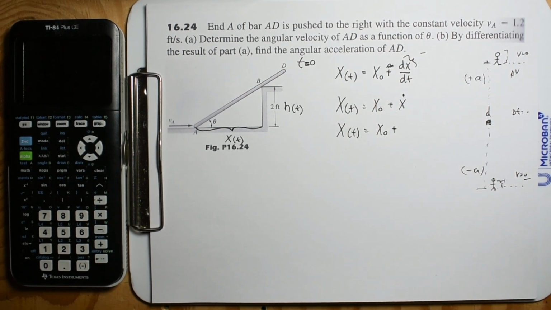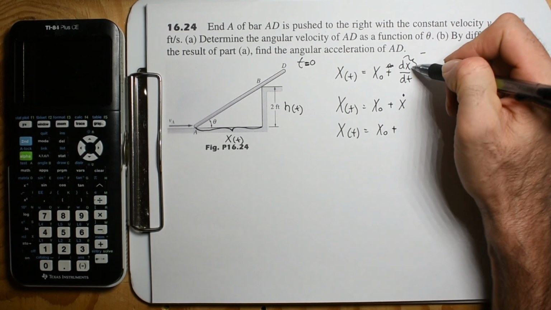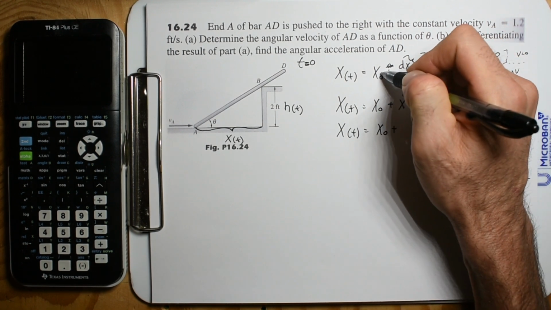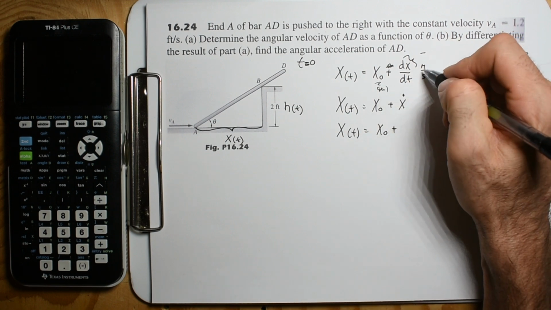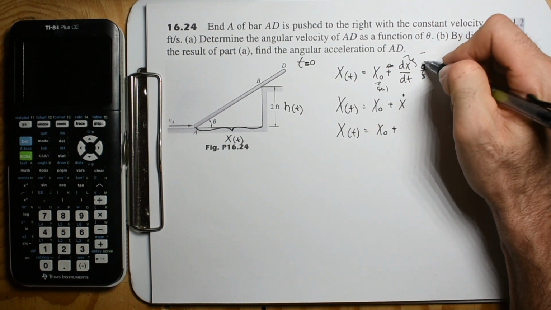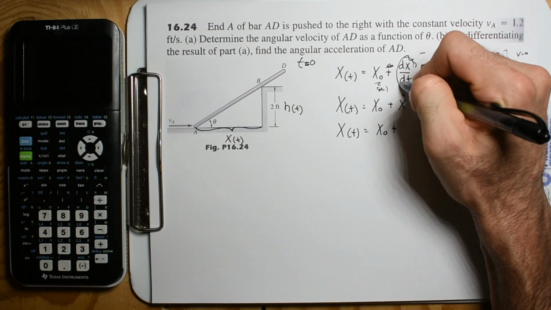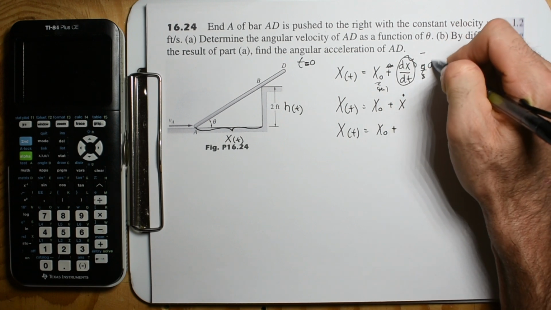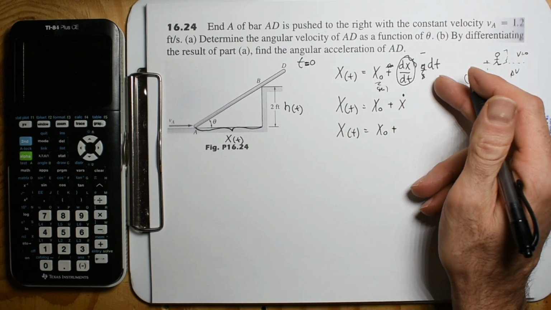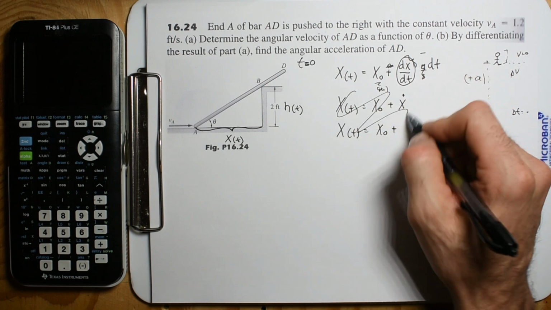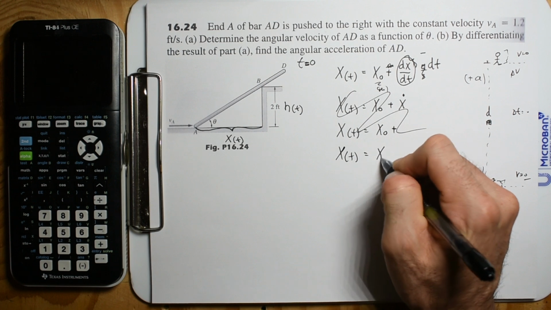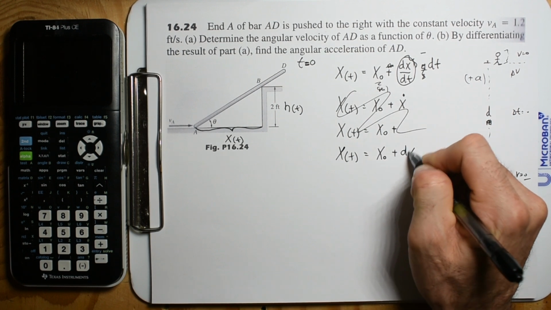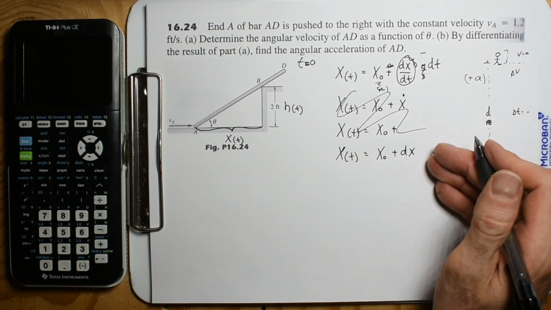Whoa, okay, so no, I apologize about this. I have this wrong because the units on this would be meters per second and the units on this would be meters. So dimensionally I have this wrong. You need to have the change in x over change in t, but then multiply it by a change in t. So scratch all those equations I wrote, because this would just be x naught plus the change in x.